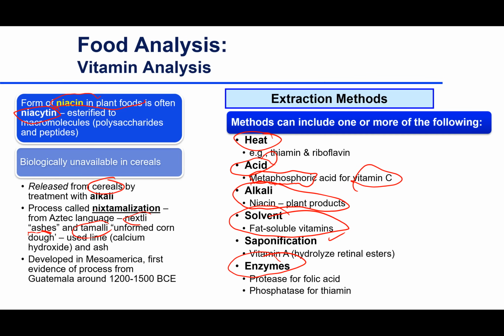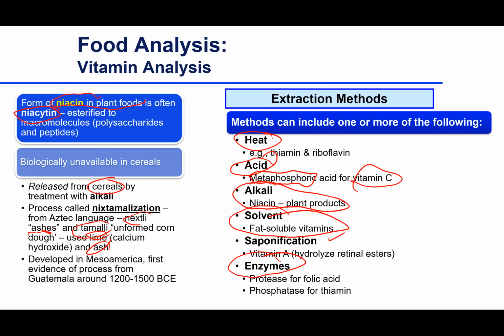You're all familiar with tamales, I assume, like the food, right? And so essentially what they use is lime and ash. The indigenous peoples figured out that the corn, because it was a corn-based culture, had to be ground in the presence of these materials, that is lime and ash.